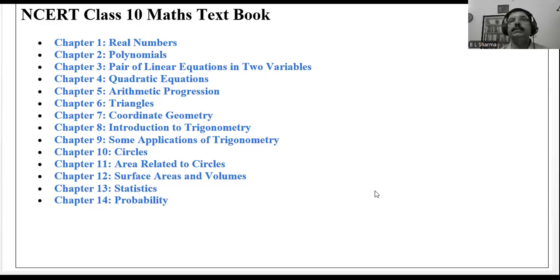Actually, these are the chapters. Chapter 1, real numbers. Chapter 2, polynomials. Chapter 3, pair of linear equations in two variables. Chapter 4, quadratic equations. Chapter 5, arithmetic progression.